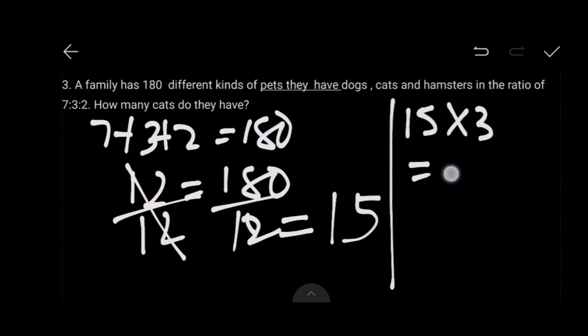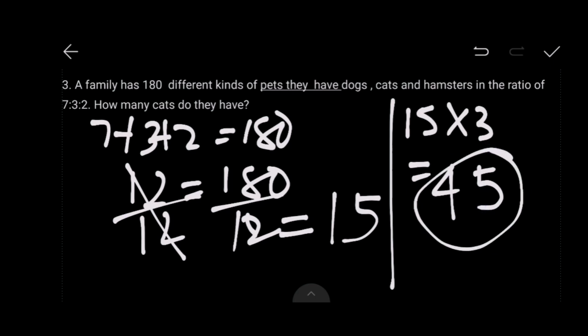So, they have 45 cats. A family has 180 different kinds of pets, and from 180 they have 45 cats. Since cats lang naman yung hinahanap, cats lang yung isa-solve natin.